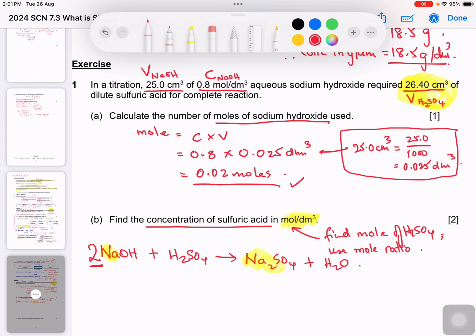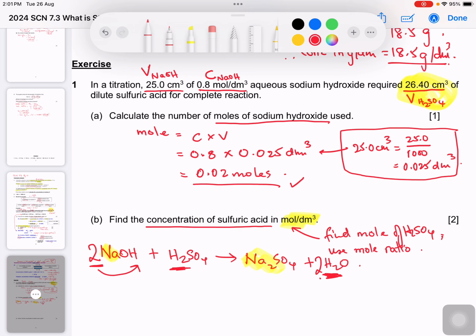Straight away, we can see that hydrogen will be a problem. How many hydrogens do we have on the left? You have 2 hydrogen and another 2 hydrogen, so that's 4 hydrogen, correct? But on the right, we only have 2 hydrogen. So what do we need to put in front of the H2O?